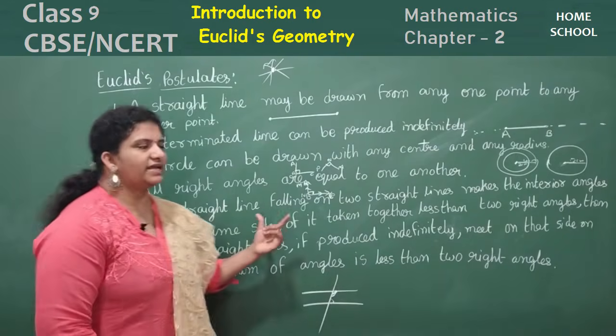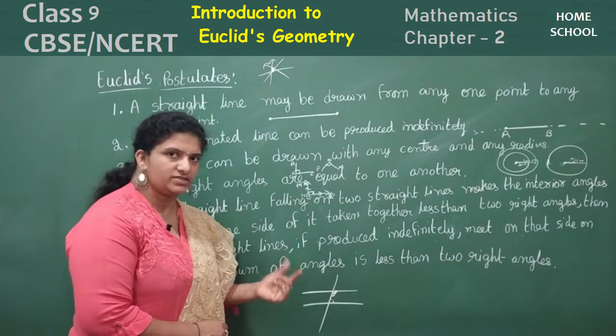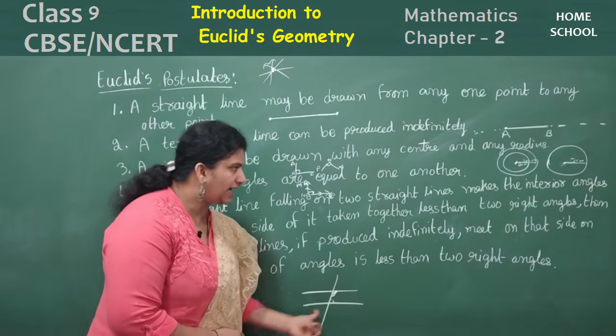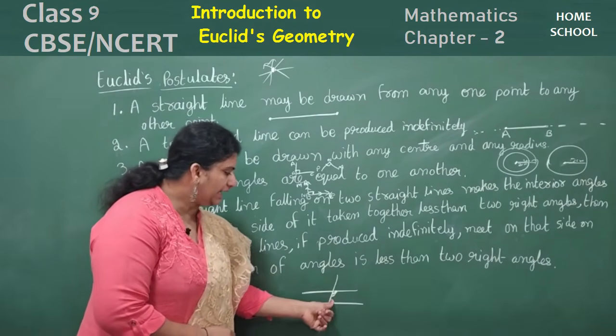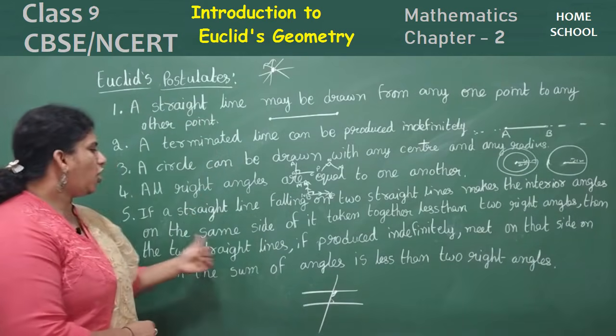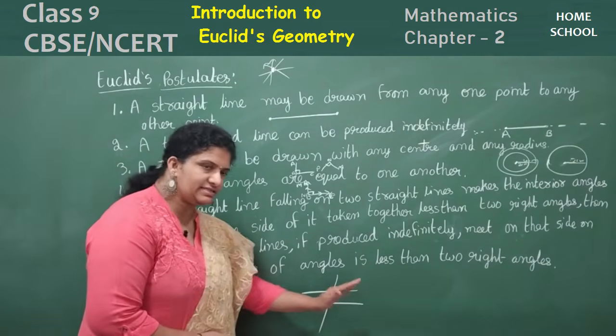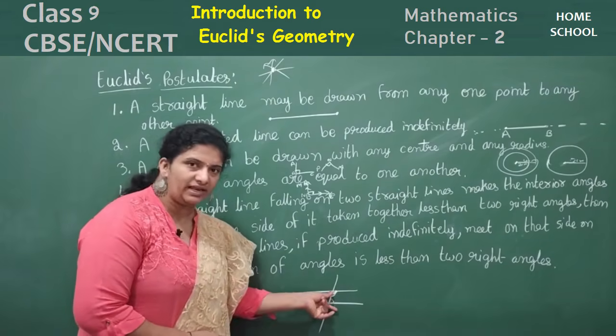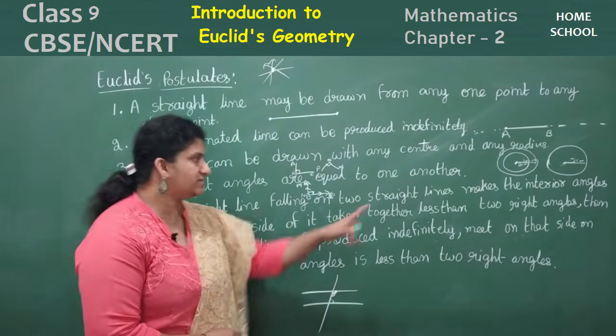So what is this statement trying to say for us? Look here. If a line is falling on two straight lines, the interior angles on the same side, either this side or this side, if taken together, might be less than two right angles.